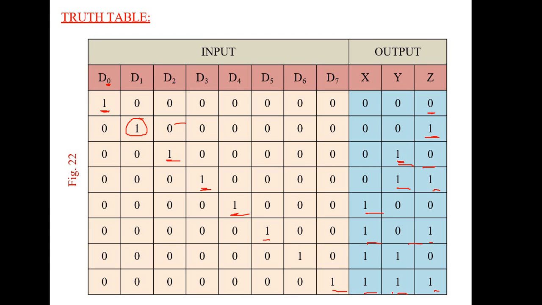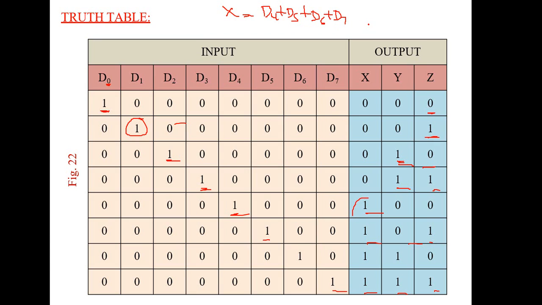Now you can check when X is high, when Y is high, when Z is high. Here I will clarify that X is high in the last 4 cases, so X is D4 plus D5 plus D6 plus D7.